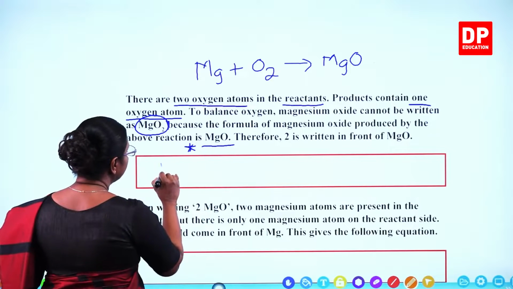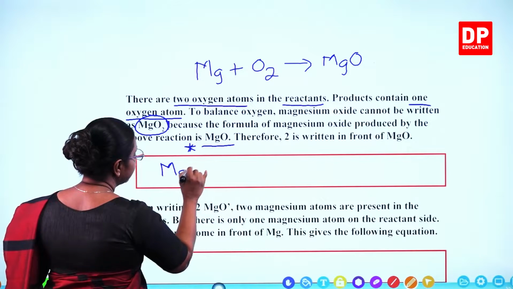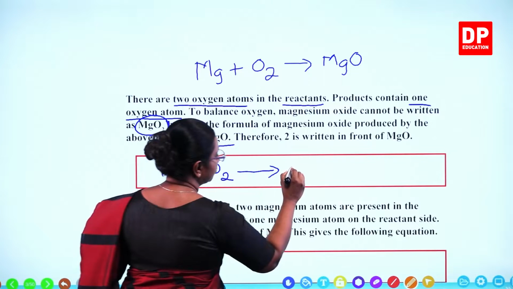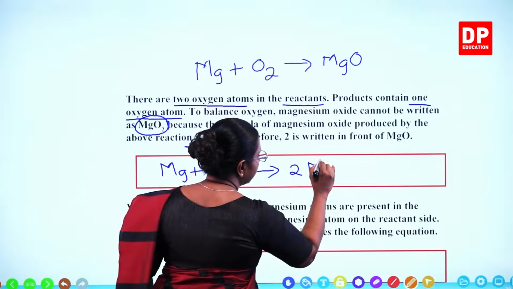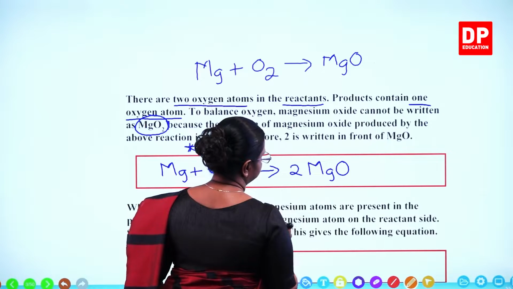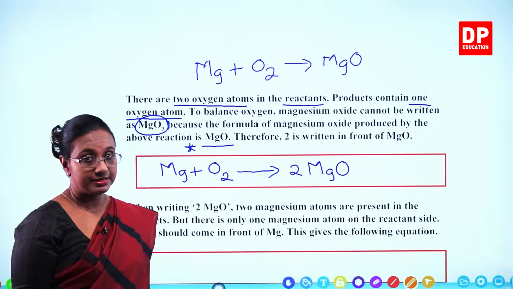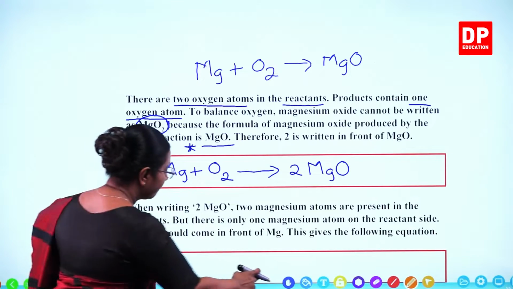So, what did we do? We had magnesium plus O2 gas giving rise to 2MgO. We write the 2 in front of magnesium oxide. Then what did we do?